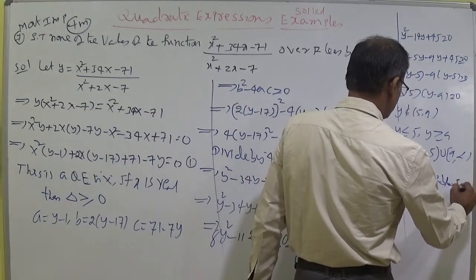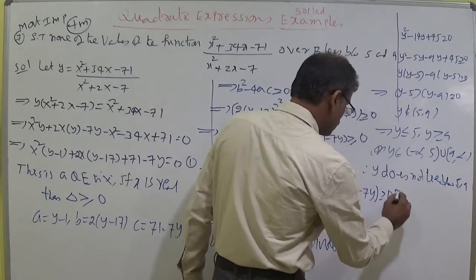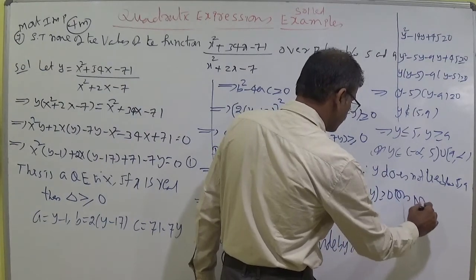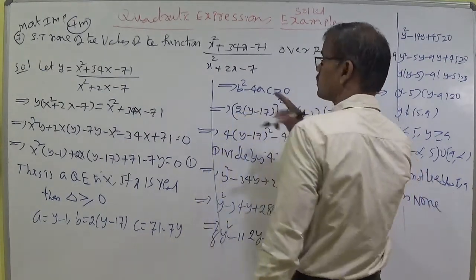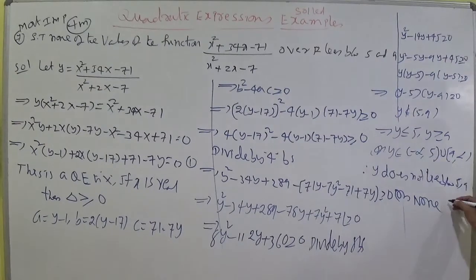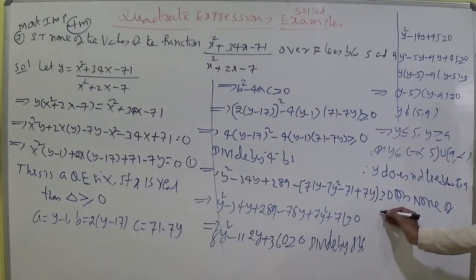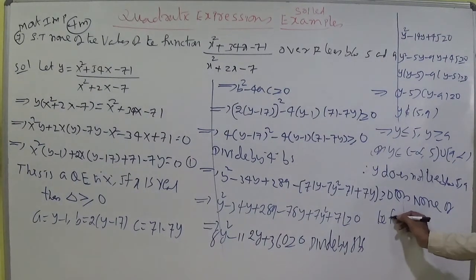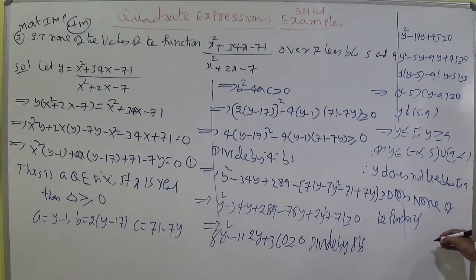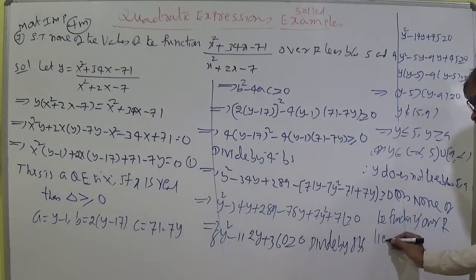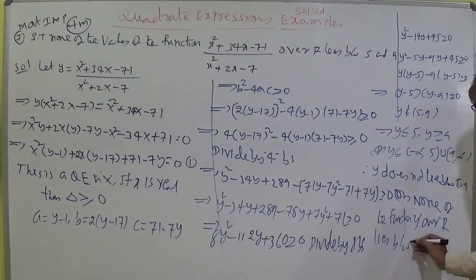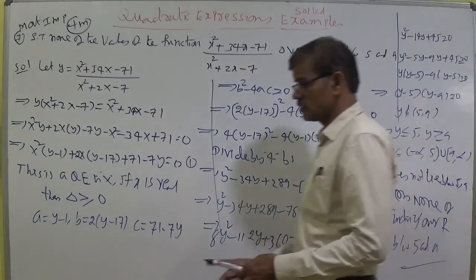At last you should write none of the values, or however the question is given, like that you should write: none of the function y over r lies between 5 and 9.